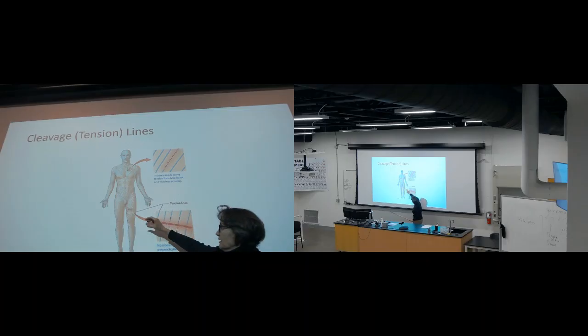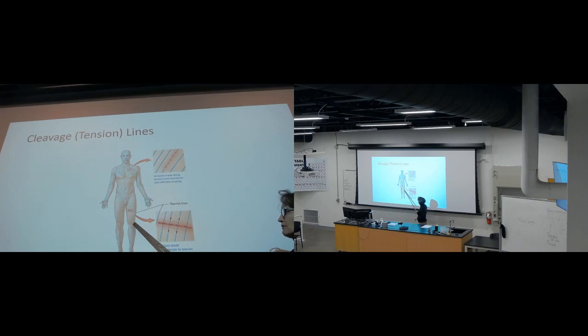So this arrangement will allow that when it comes to stretching and elasticity, whenever you sit down, you don't break your collagen fibers because they are oriented in a way where we sit like this.